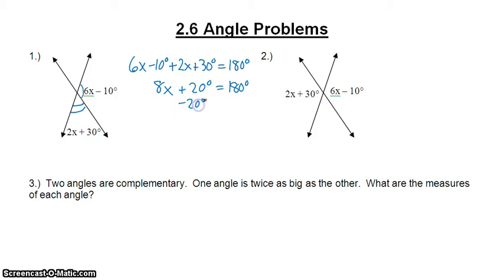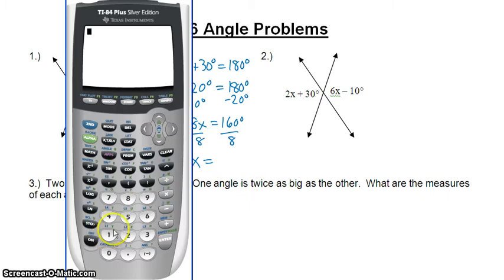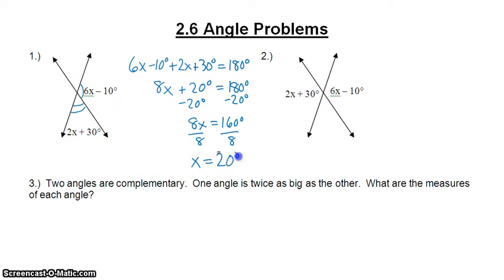Solve for x by subtracting 20 degrees from both sides, and then divide both sides by 8. So x equals 20 degrees.